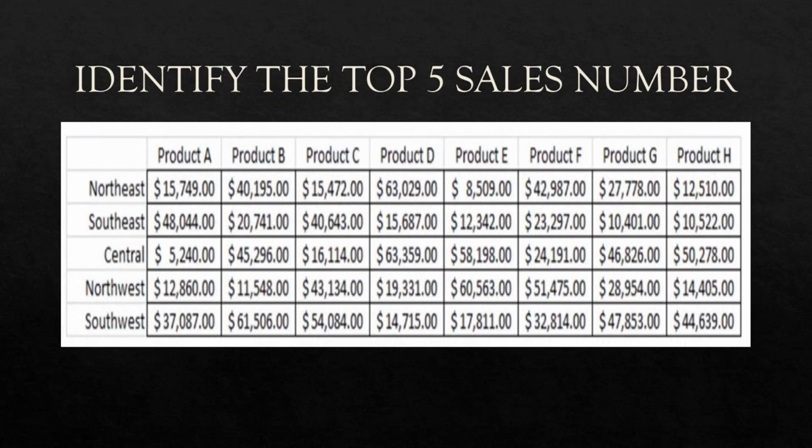Okay, I mean, you can take 2 minutes, right? No problem, you can go through all the numbers and identify which are the top 5 numbers present in these cells. I know this would be a tedious job, right? To look at each number, remember it, compare it with the rest of the 39, and then understand whether it is the highest or not.